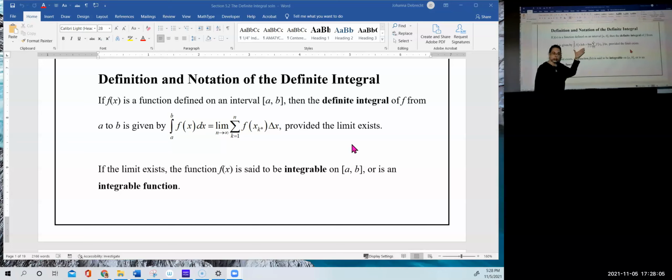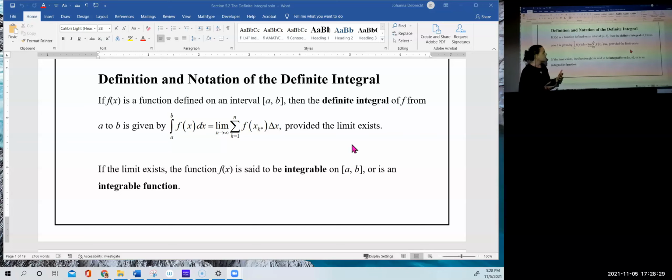This is defined as the limit as n goes to infinity of the Riemann sum of the function values at a particular point inside of the rectangle, any given point, times the change in the width of the rectangles. Provided, of course, the limit exists.